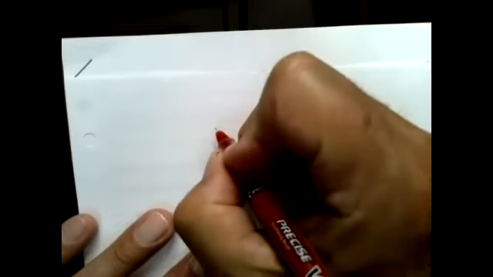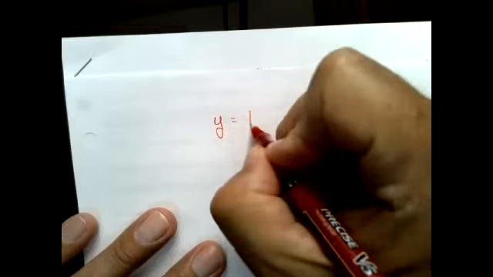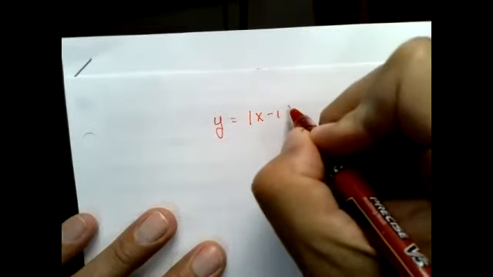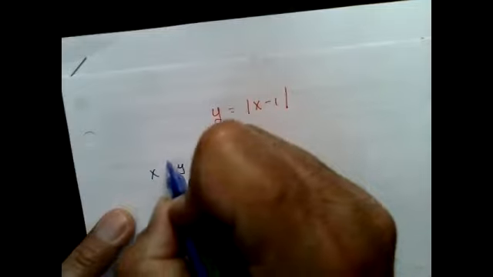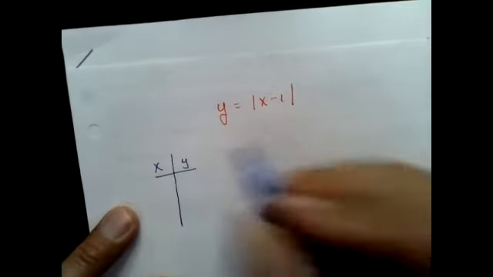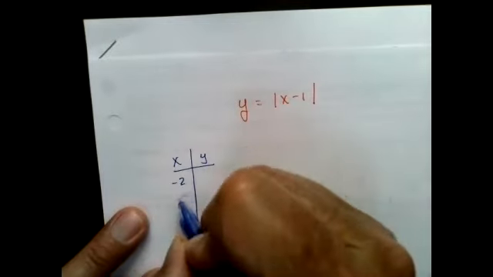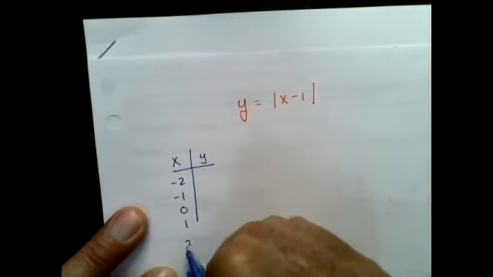Okay, let's take a look at another one because I didn't like the one that's in the notes. Y equals the absolute value of x minus 1. Let's see what that graph looks like. As we just learned, we're going to pick points, maybe like -2, -1, 0, 1, and 2.